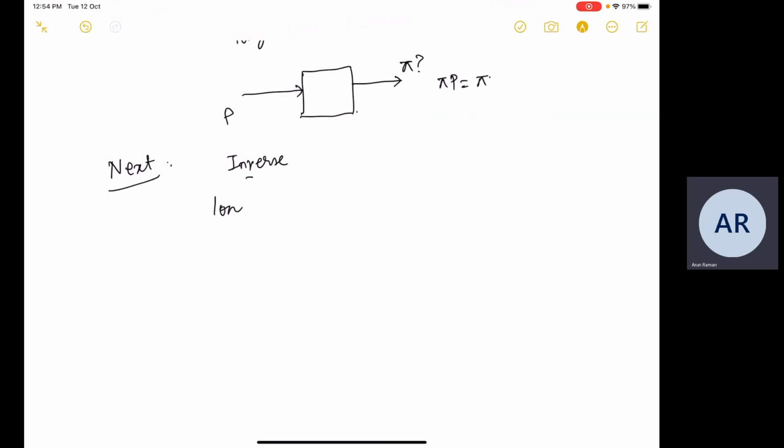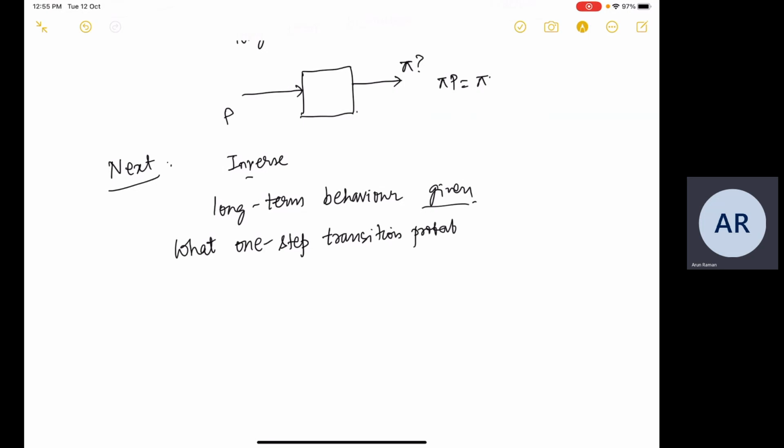So we assume that the long term behavior is given, and we are interested in what one step transition probabilities generate that long-term behavior.